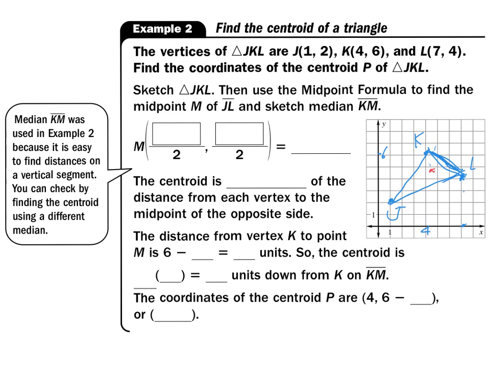The solution here says it's asking us to sketch that. We did that. And it's asking us to find the midpoint of JL, which is right here. It should be somewhere here, the midpoint M. And obviously to find the midpoint, we talked about how finding a midpoint is like finding averages.